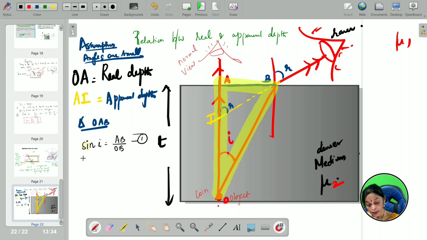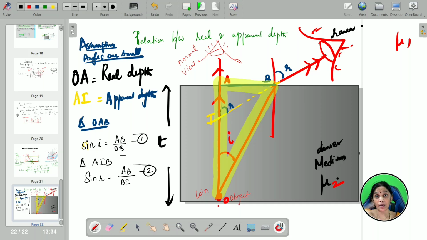Now take the triangle AIB. In triangle AIB, sin R is equal to AB by BI. This is equation 2.